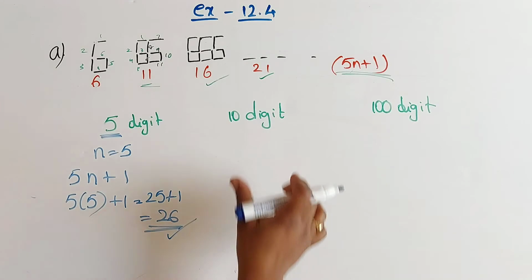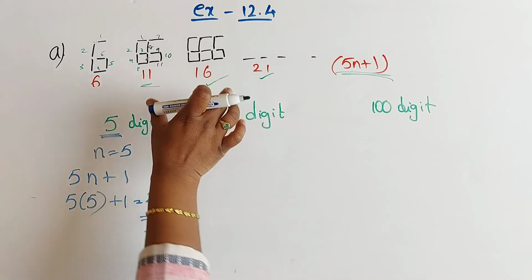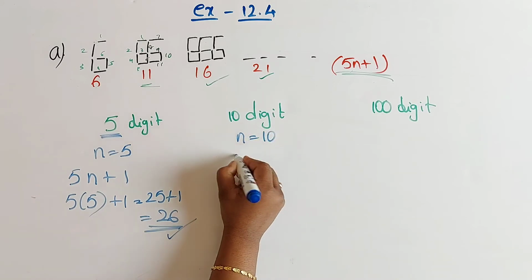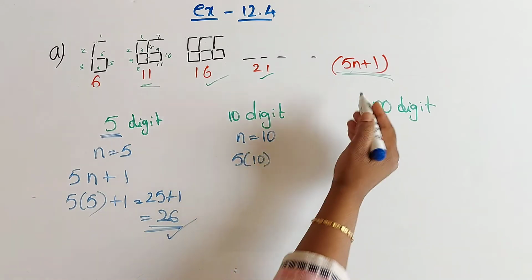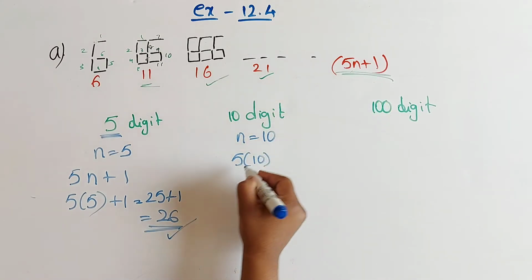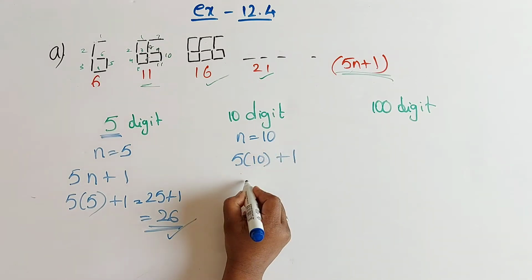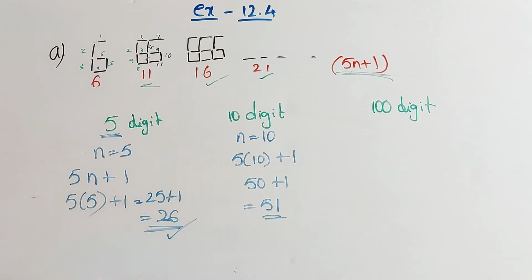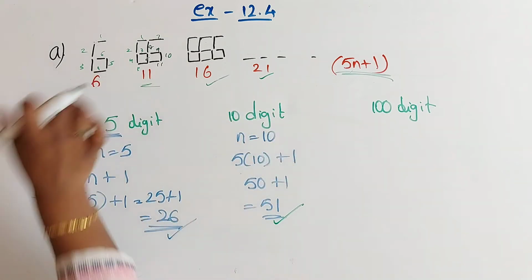Right, children? Now 10 digits of the same number. So here n equal to 10. Formula is 5n plus 1. 5 of 10 plus 1. 5 tens are 50 plus 1. 51, children. That means we have to use 51 line segments for 10 digits of the same number.